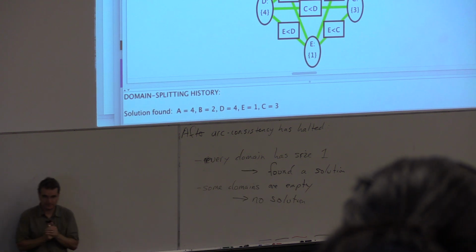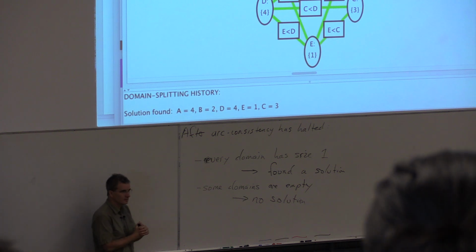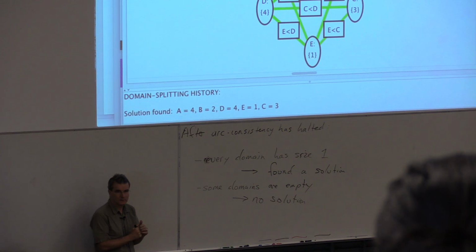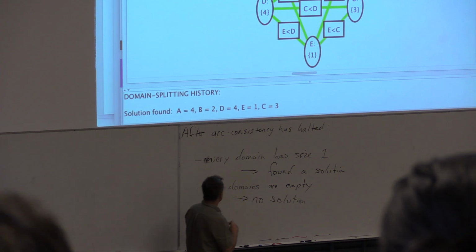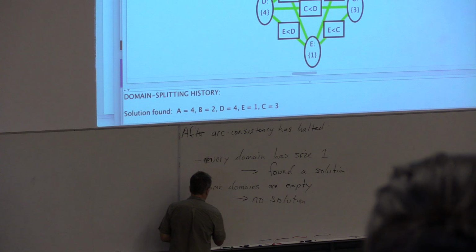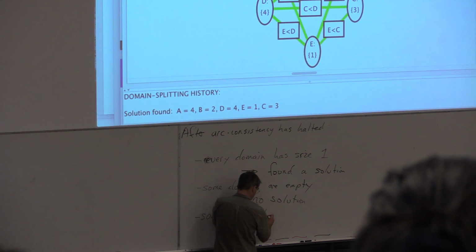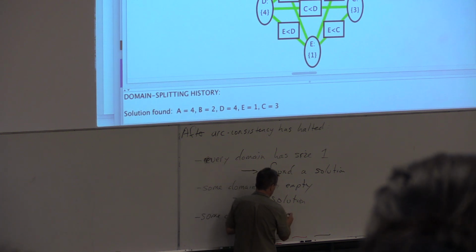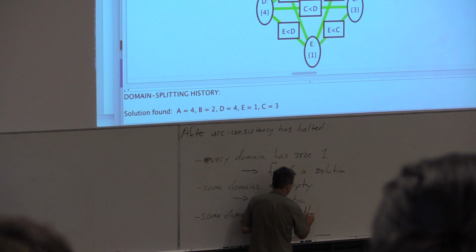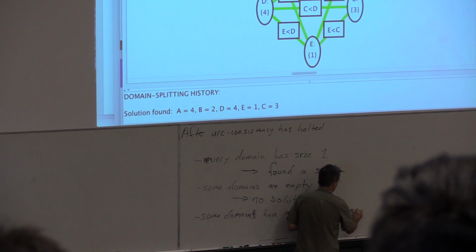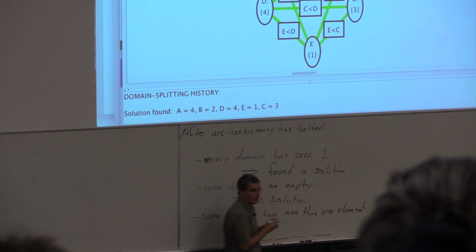What else could happen? There could be some domains that have more than one element. And then what do we know?